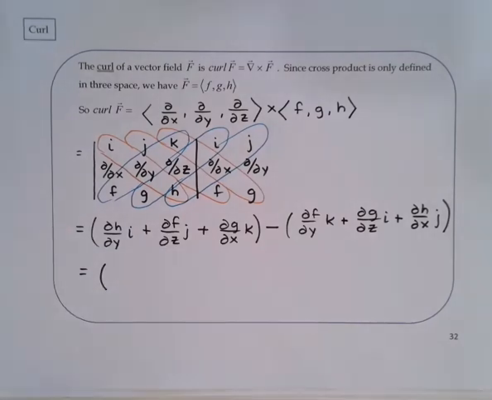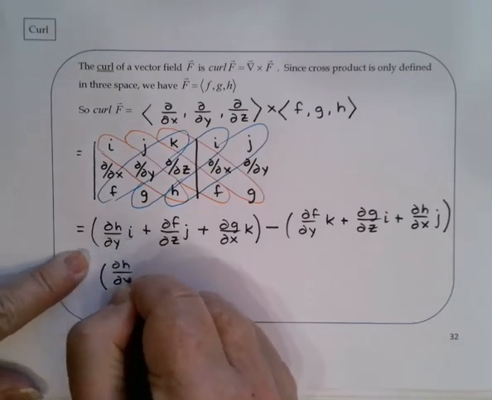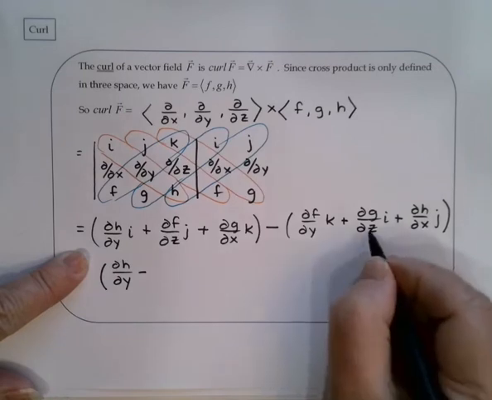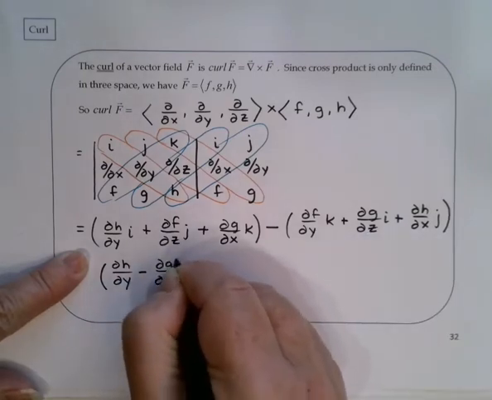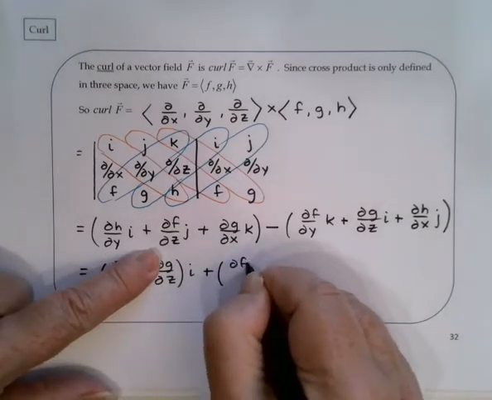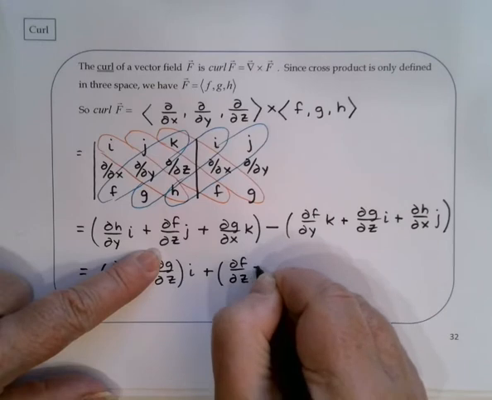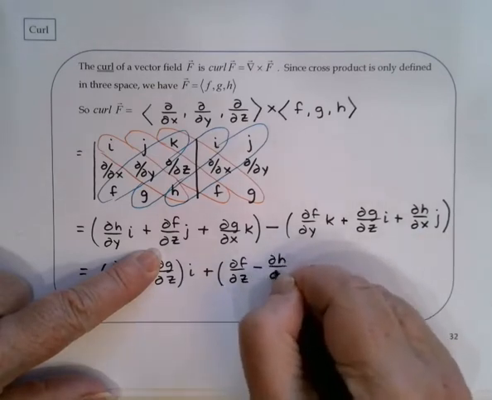Or if I collect the i's and then the j's and then the k's, for the i's I would have partial h partial y minus partial g partial z. J's are going to be partial f partial z minus partial h partial x.